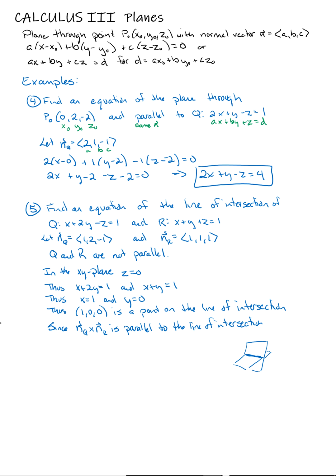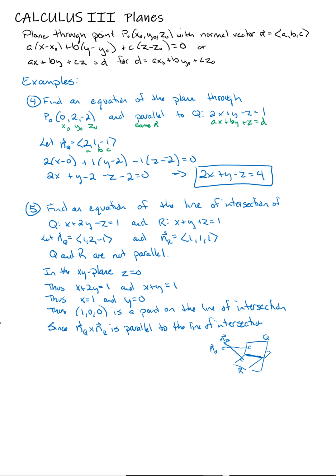And of course we can see where they intersect, but let's also take a look at the normal vector. So if I have this normal vector here and this normal vector there. Let me label these so you know what I'm talking about. I want this one to be n_Q and this one n_R. So this is Q and this is R, and these are the normal vectors.